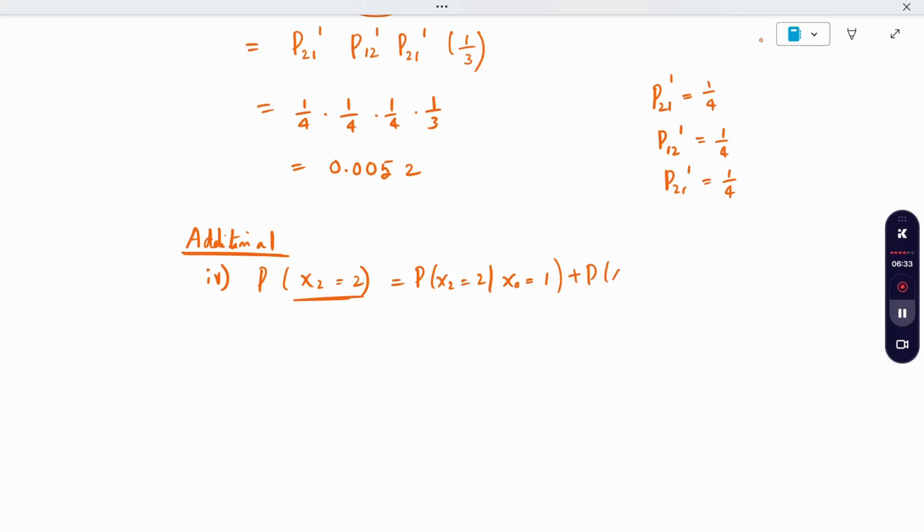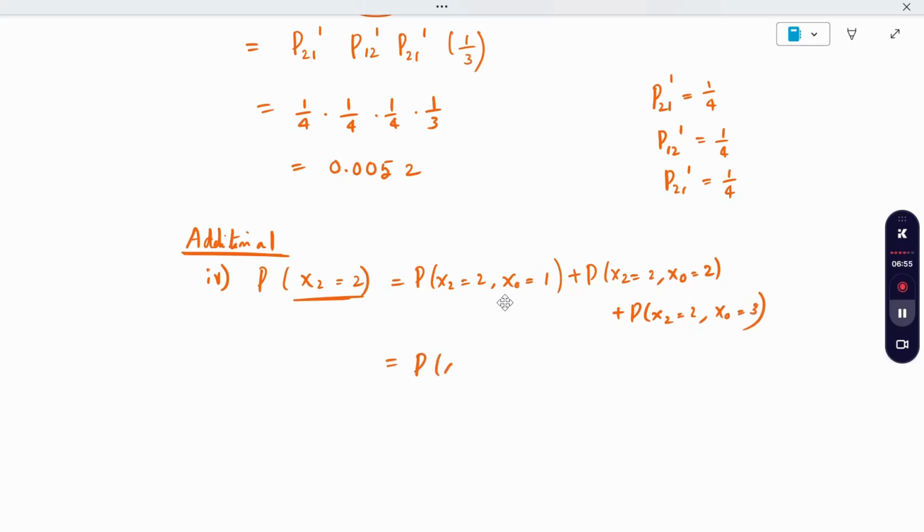Plus probability of x2 equal to, sorry, we have to write it in commas, not given. You have to write it in commas. So x2 equal to 2, comma x not equal to 2, plus probability of x2 equal to 2, comma x not equal to 3. So this is the way. Now we extend this formula.